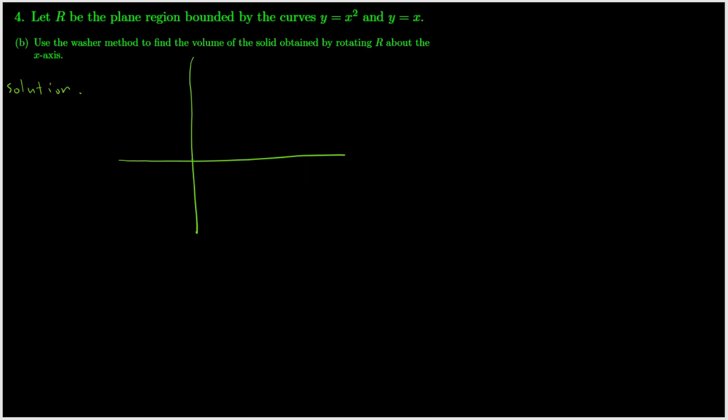Cut a piece of paper in that shape, and then try to rotate the plane region R around the horizontal axis. Imagine the solid. I want you to imagine the solid. Don't worry, you don't need to work too hard to imagine it.